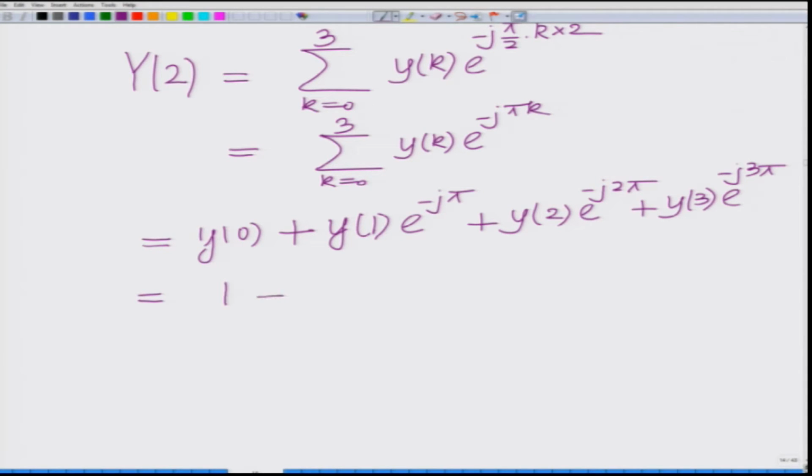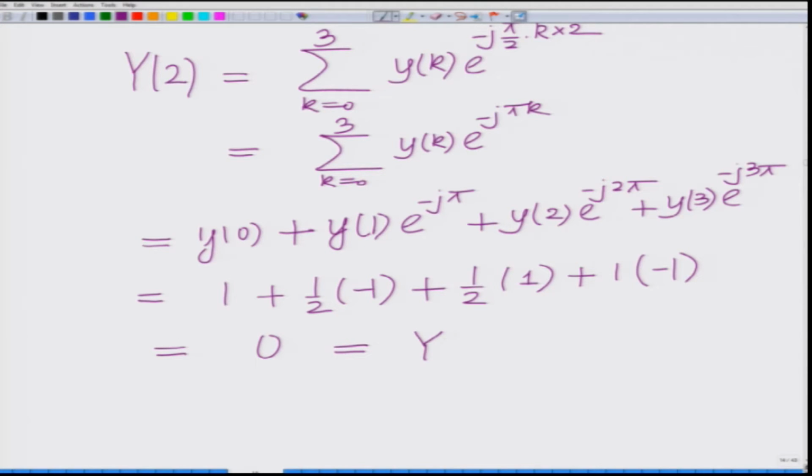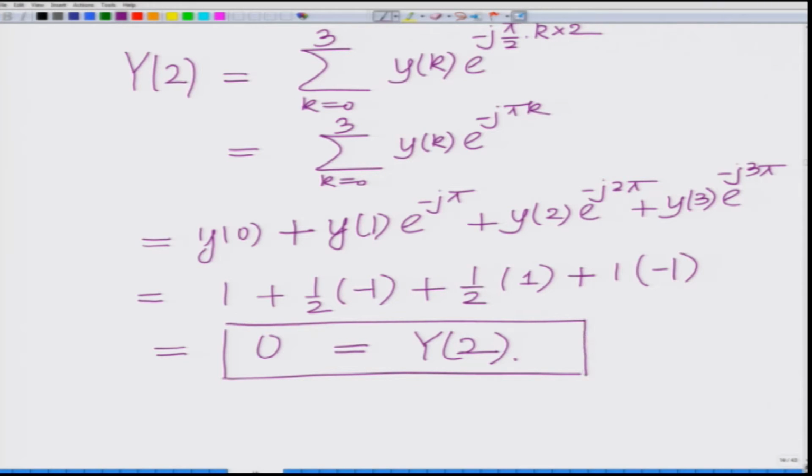This is equal to 1 plus half into minus 1 plus half into e to the power of minus j 2 pi, which is 1 plus 1 into minus 1. You can see this is 0. Therefore, Y2, the output symbol on subcarrier 2, is equal to 0.